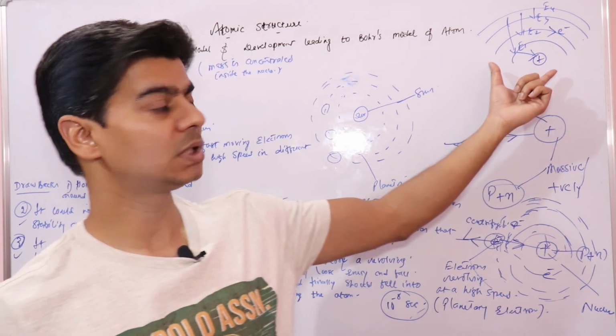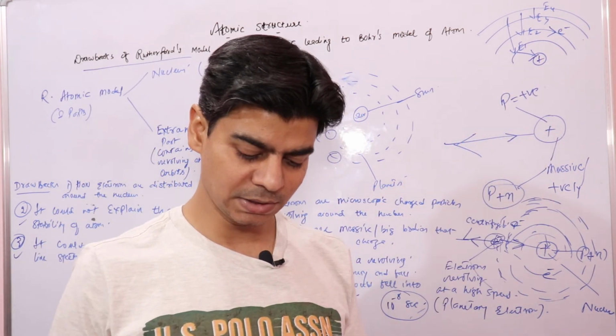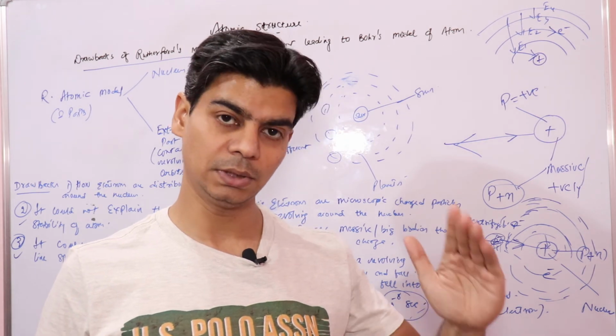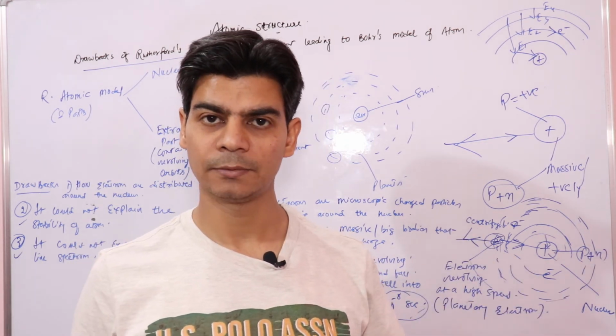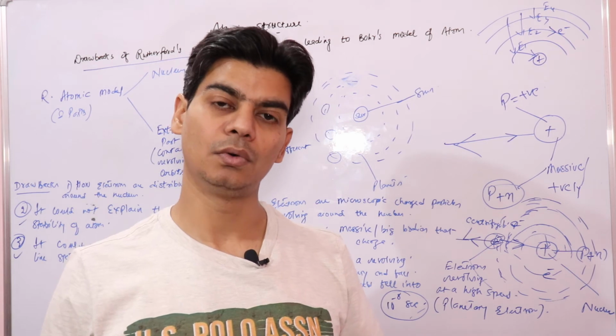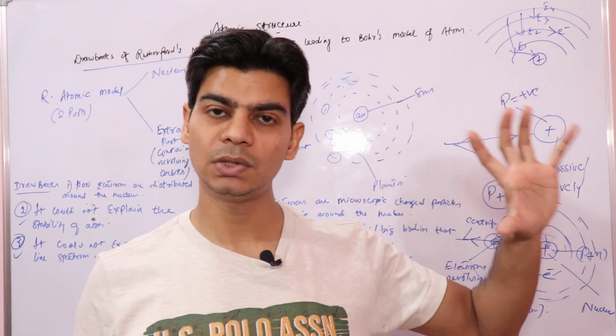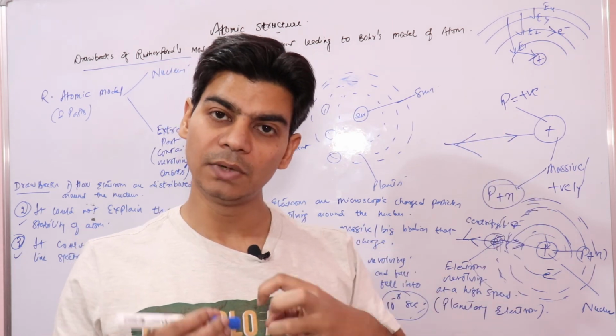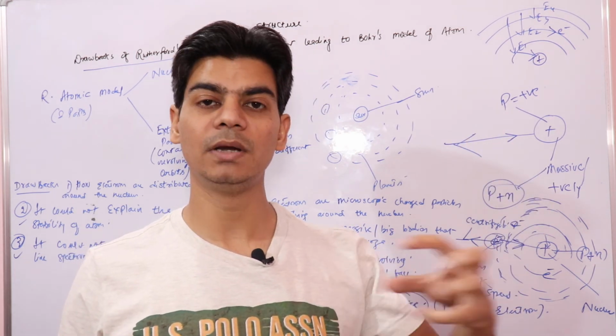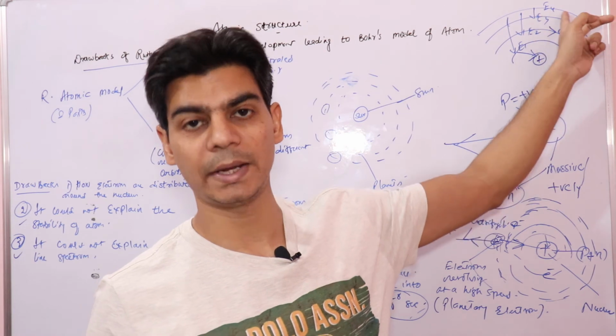So he used the concept of stationary orbits, and he said that electronic transition takes place when energy is lost or gained by an atom. If you supply energy to an atom, the electrons will gain energy and will move to higher orbits of higher energy.